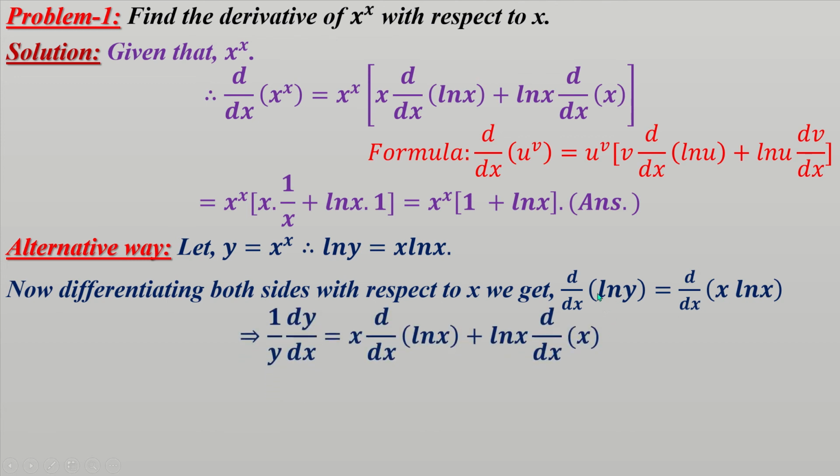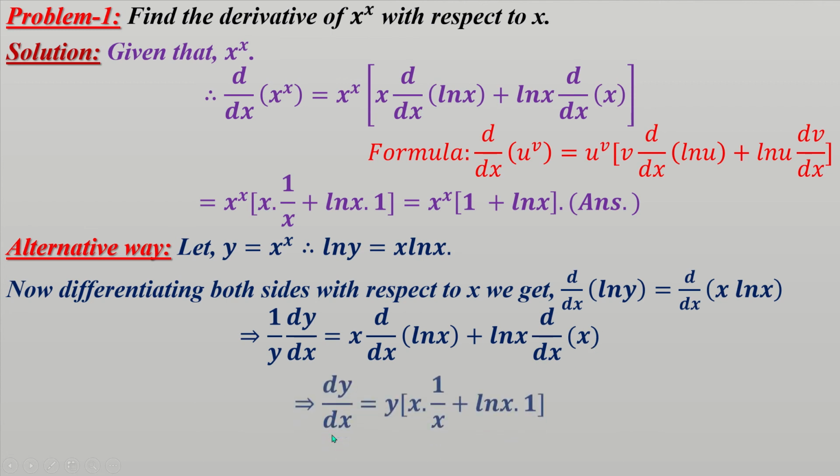Clear? But d/dx ln y means 1 by y into d/dx of y, and the right side is in the form uv: x fixed, derivative of the second part, that is d/dx of ln x, and ln x fixed, derivative of the first part, that is d/dx of x.